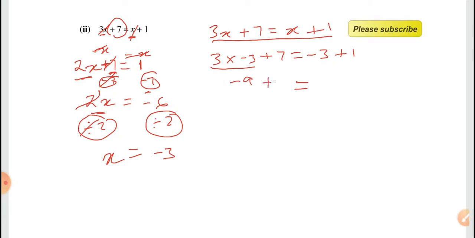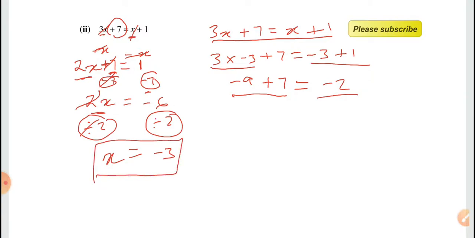So negative 9 add 7. And on the right hand side, negative 3 add 1 is negative 2. So is negative 9 add 7 equal to negative 2? Yes, it is. So therefore, we were correct. x is equal to negative 3.